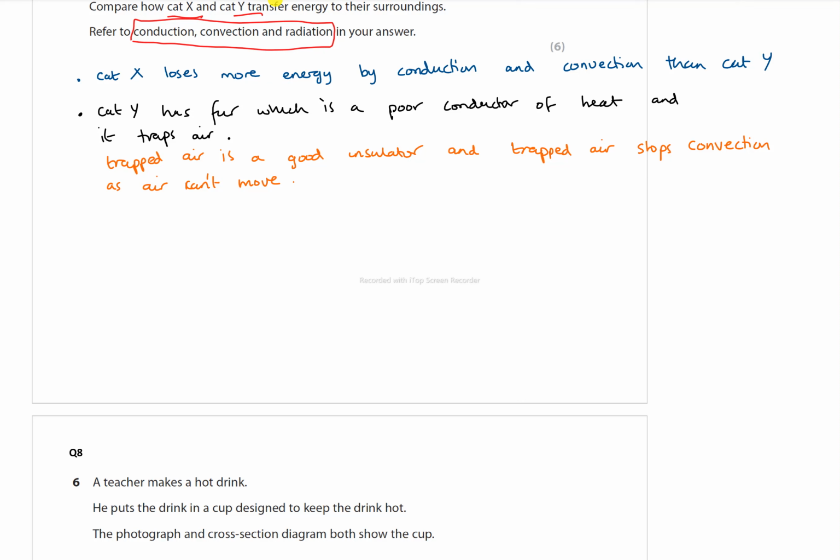Okay, so here what we could have done is put, instead of a poor conductor, a good insulator. Also, black or dark surfaces are good emitters of infrared radiation.